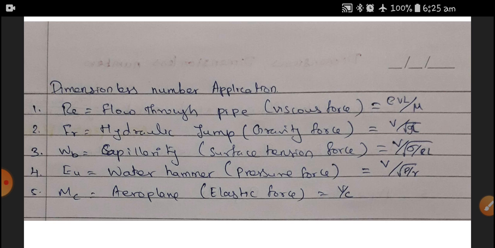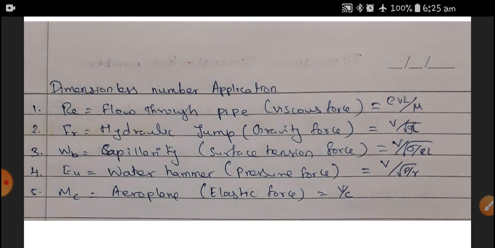What happens if the flow is viscous? What happens if the flow is turbulent? The shear stress and the velocity distribution vary for this type of flow. If the shear stress and velocity are varying, the flow property is different.